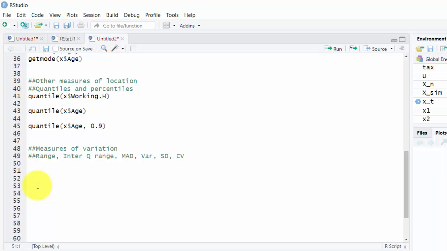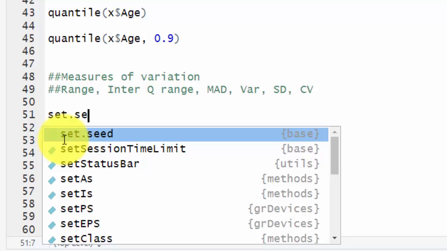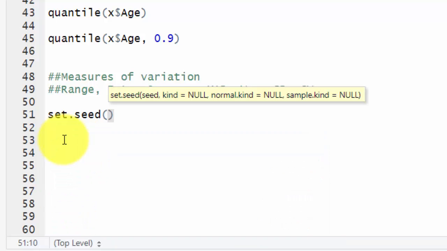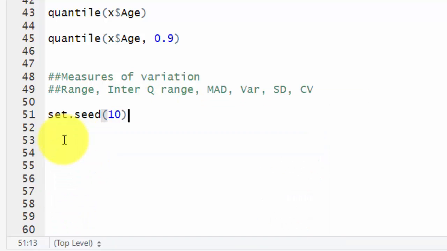For that, I first generate two variables which are identical in every aspect apart from the amount of variation that they have. And for that, I set a seed. Guys, don't be confused with this. Since I'm generating random numbers, set a seed fixes those random numbers.